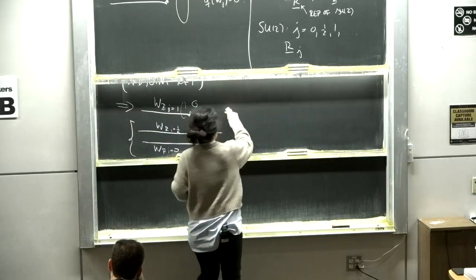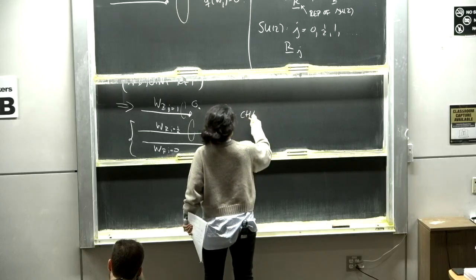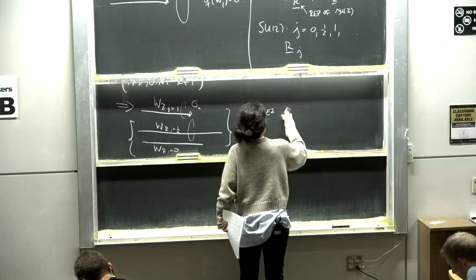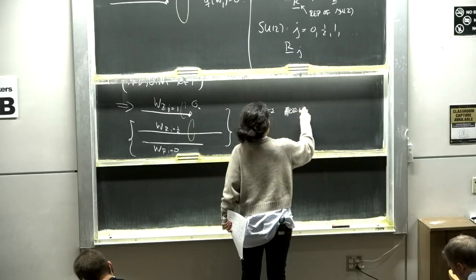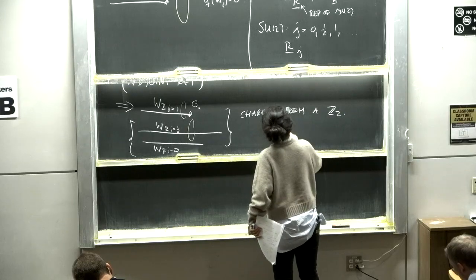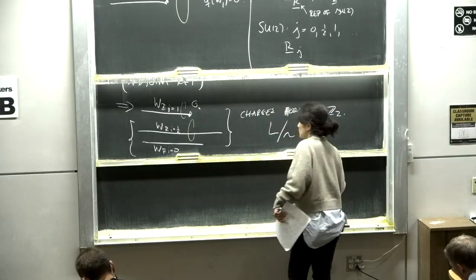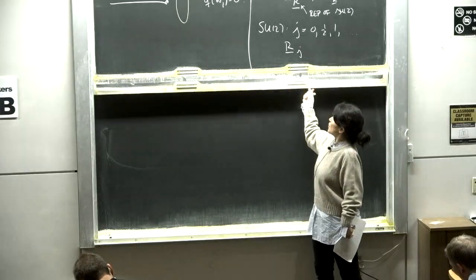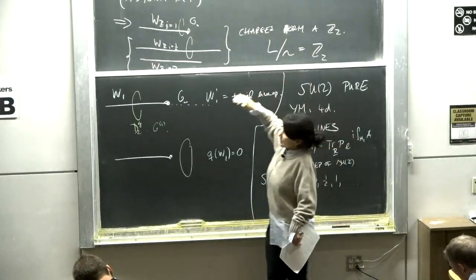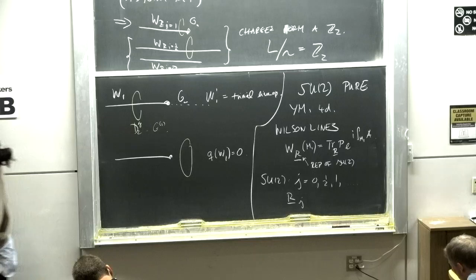And in this sense, the charges form a set Z2. So this L modulo the equivalence relation is Z2. And in that sense, this is what I would call charges, which is then the dual.